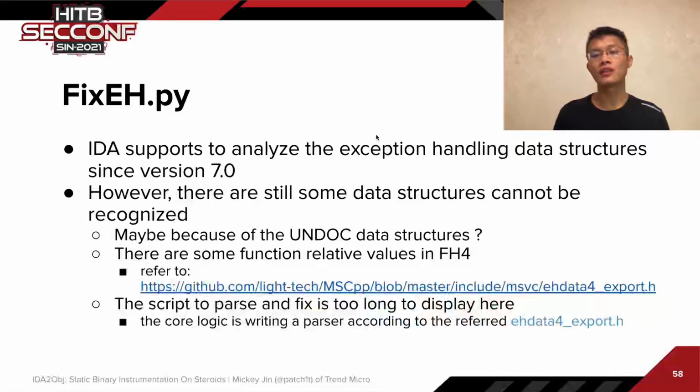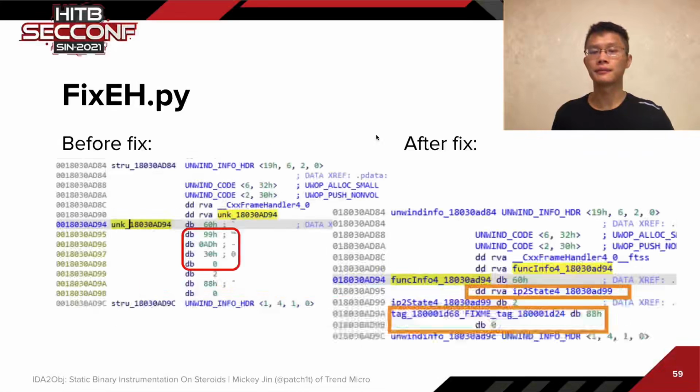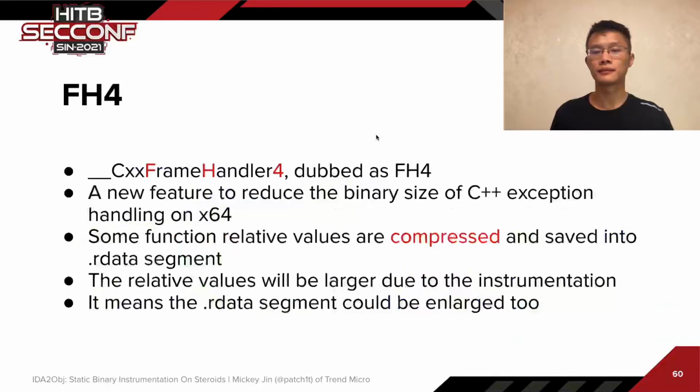C++ frame handler 4, dubbed as FH4, is a new feature to reduce the binary size of C++ exception handling on 64-bit platform. Some function relative values are compressed and saved into the rdata segment.